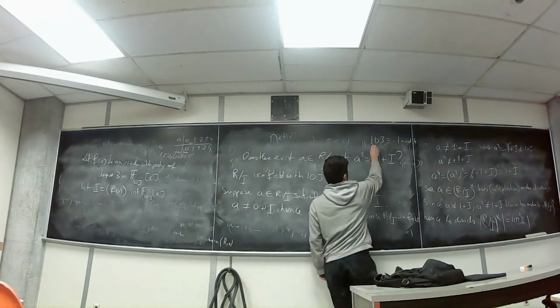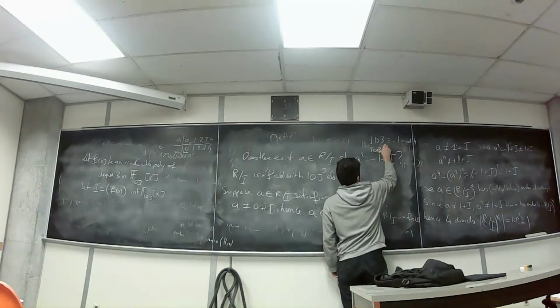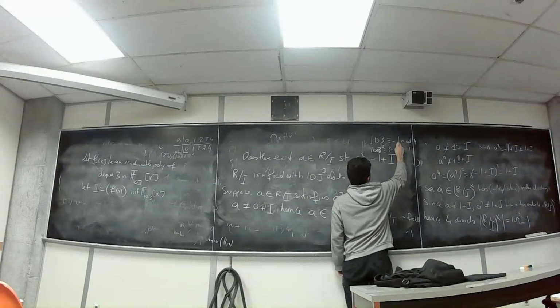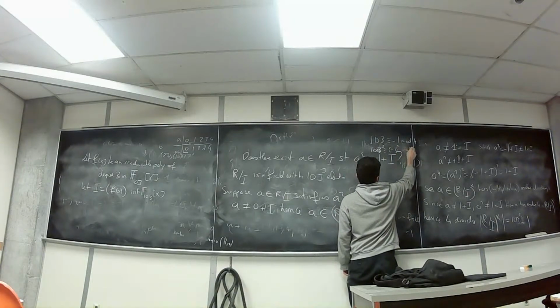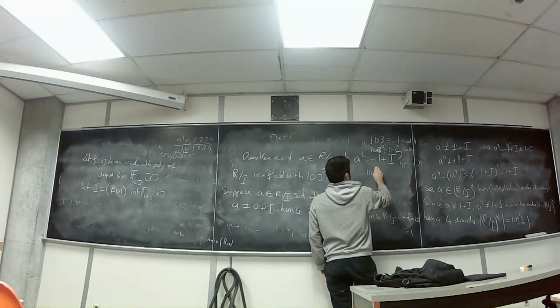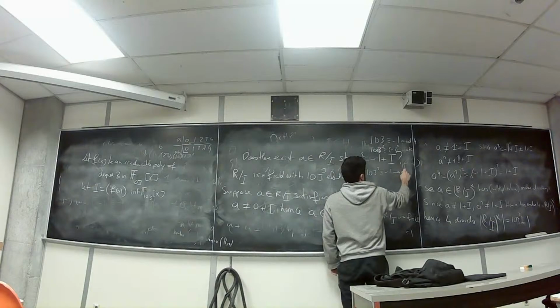So 103 cubed is congruent to minus 1 cubed mod 4, so 103 cubed is congruent to minus 1 mod 4.